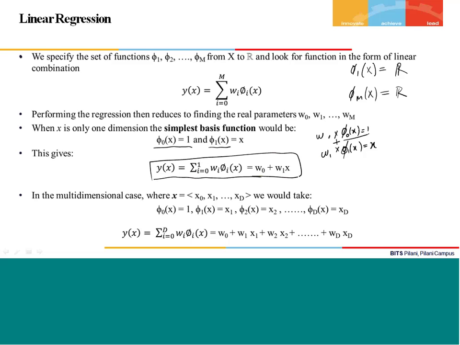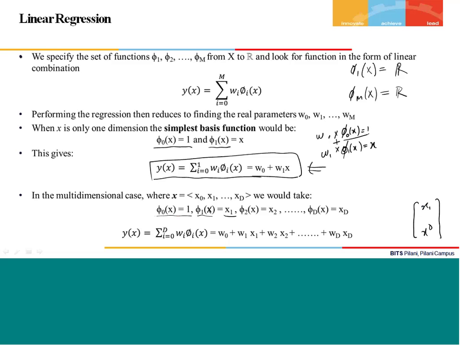That was the univariate case. If x is a multivariate case, my phi0(x) equals 1 only, and I give this vector, which has d dimensions, and the first basis function returns the first component only. This x is a vector x1 up to xd.